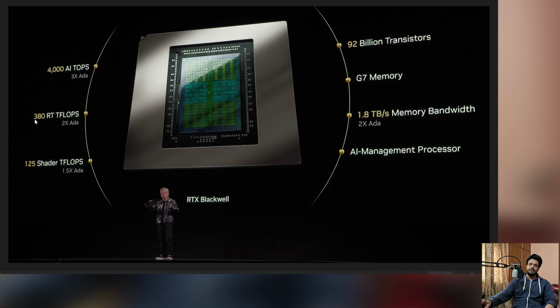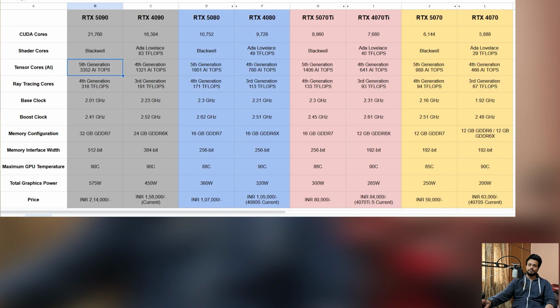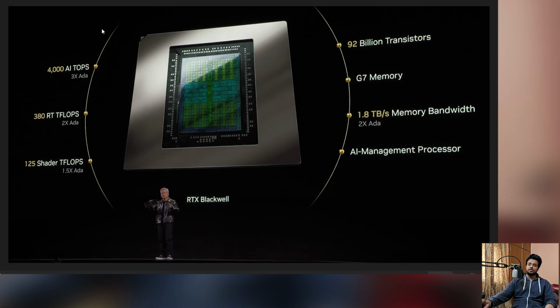Again, for ray tracing, 380 teraflops here, and 318 teraflops there. So again, a major reduction. What I think is going on is that this is the full die, but the RTX 5090 is a flagship for now. So they may have plans to introduce a 5090 Ti or probably a Titan card like before.